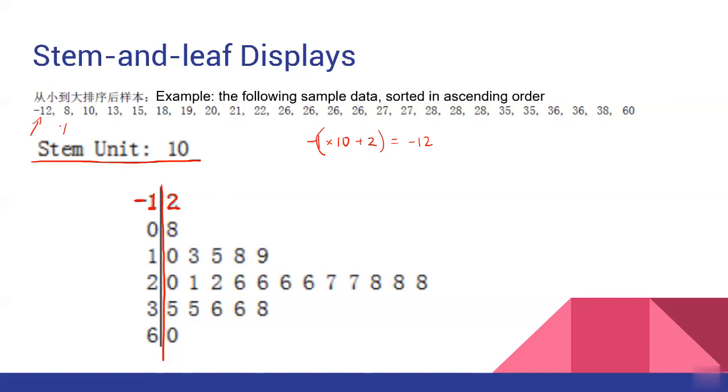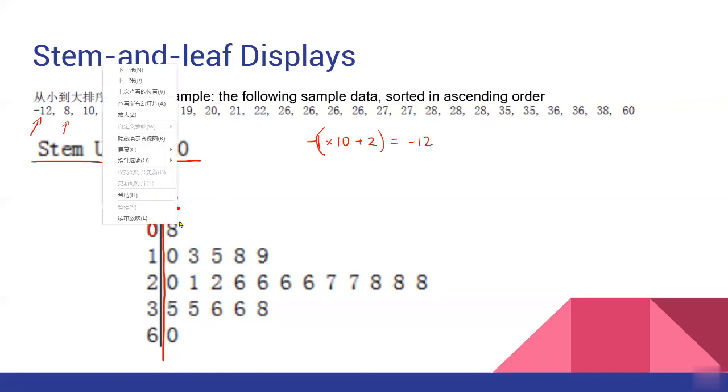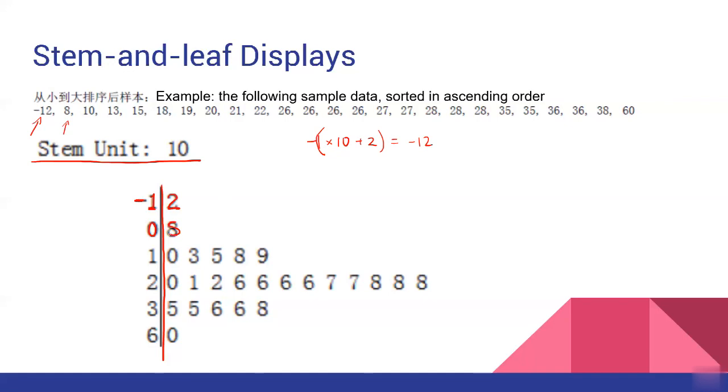Okay, next one is 8. So on the stem, we write a 0 first. And on the leaf side, we write an 8, which means 0 times the stem unit, 10, plus the leaf, 8, which is this data, right?